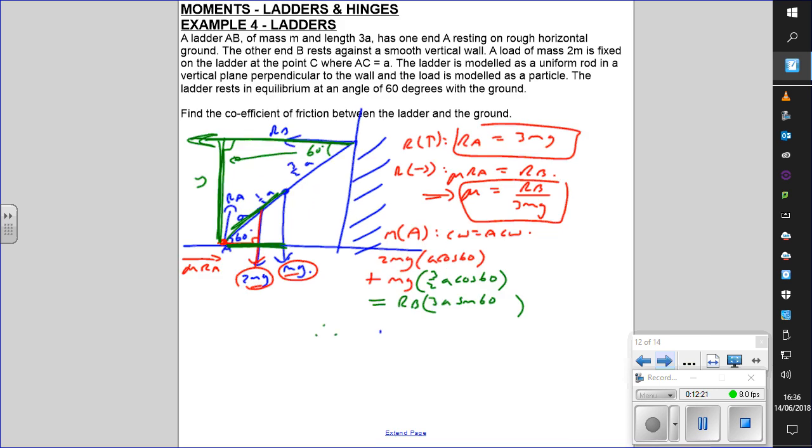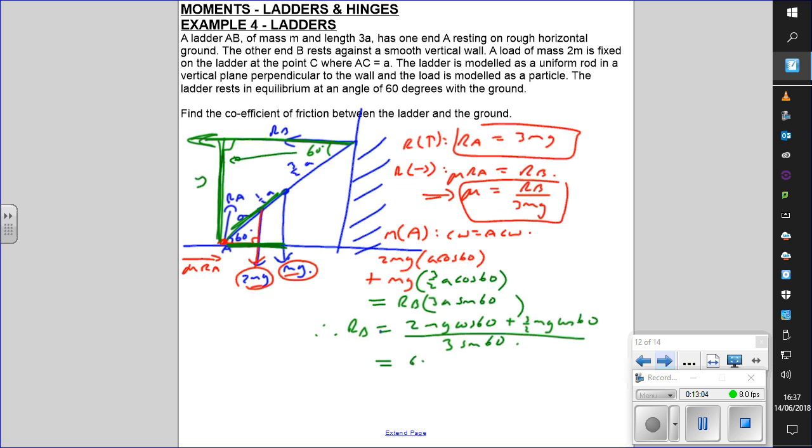So therefore, we can find RB, because RB is going to equal, the a's are all going to cancel, and the mg's are going to stay. So at the moment we've got 2mg cos 60 plus 3 over 2 mg cos 60 all over 3 sine 60. Okay? So if we add that up, we get 2 times 9.8 times cos 60 plus 1.5 times 9.8 cos 60 divided by 3 sine 60.